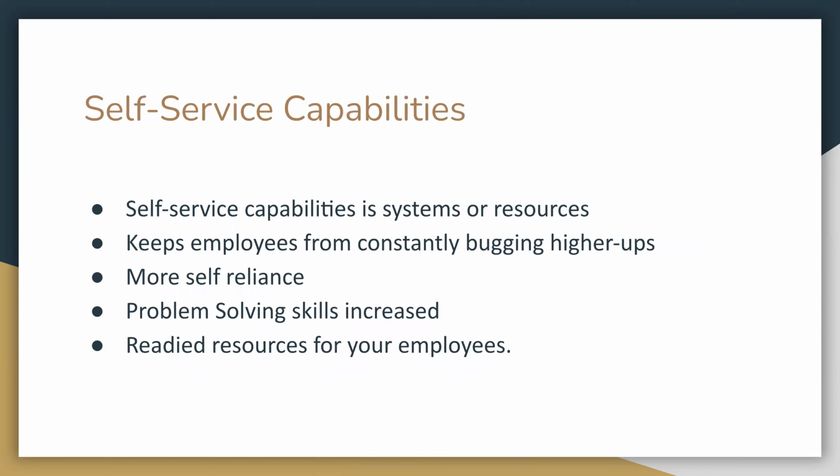The first task is creating self-service capabilities for our employees. Self-service capabilities are systems or resources that employees can use. And these tools keep employees from constantly bugging higher ups. Self-reliance is the ability that allows the employees to solve their own problems.